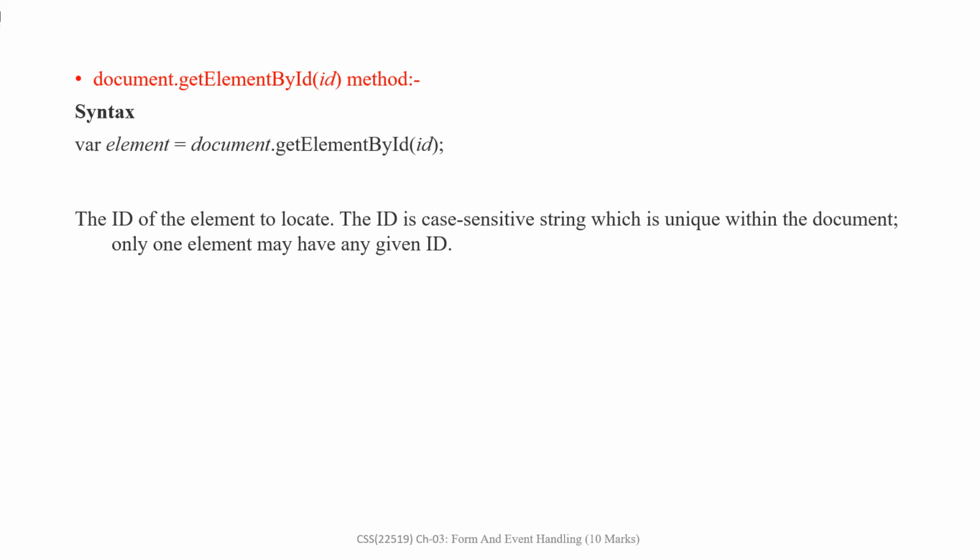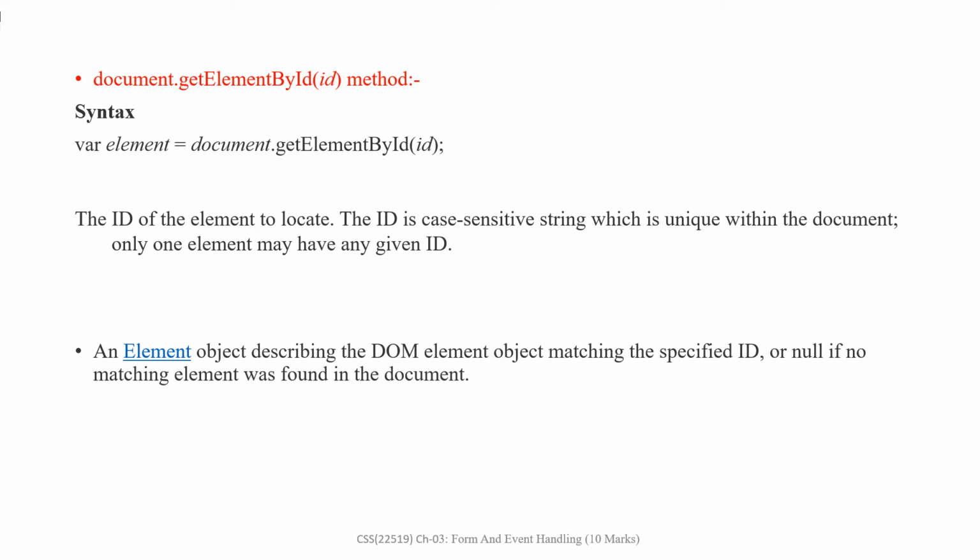In the document.getElementById method, this is the syntax: element equals document.getElementById, where id is the element to locate, and it is case sensitive. Element is an object describing the element matching the specified id.